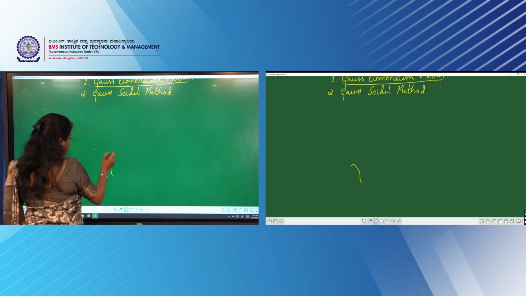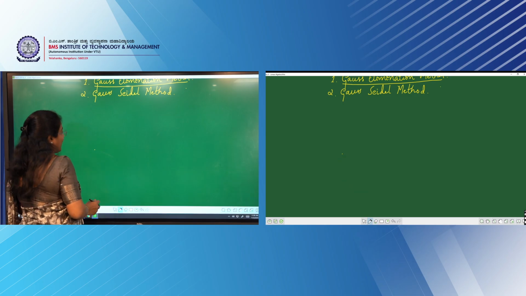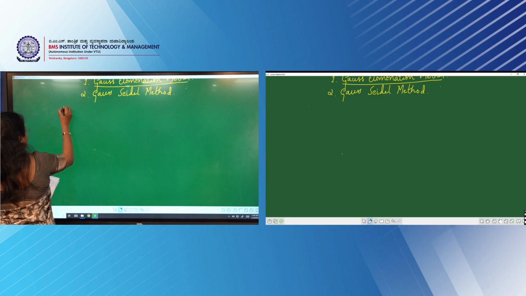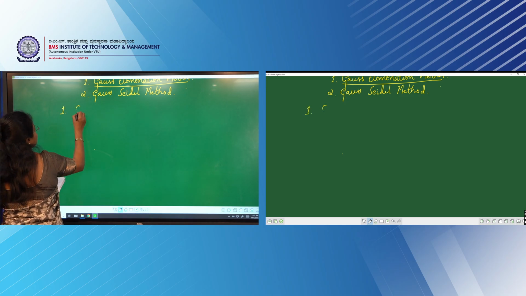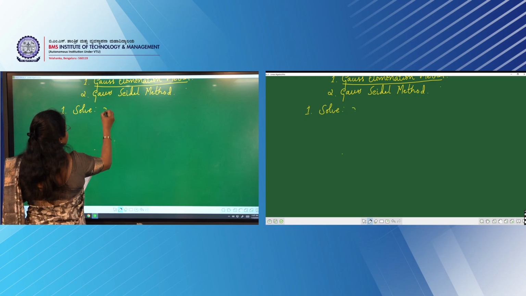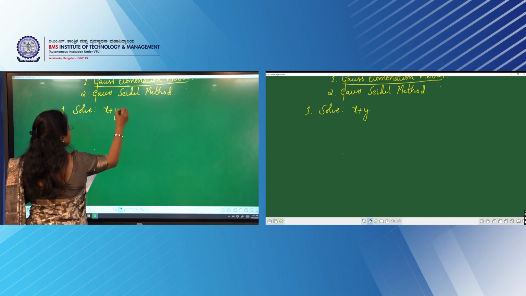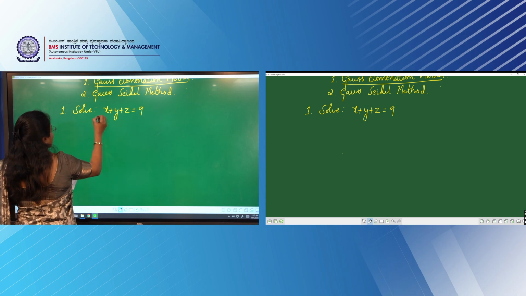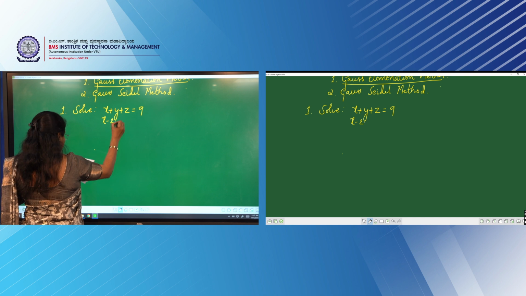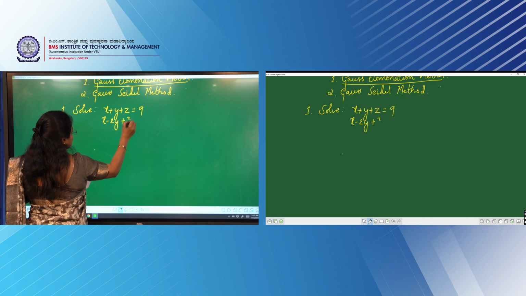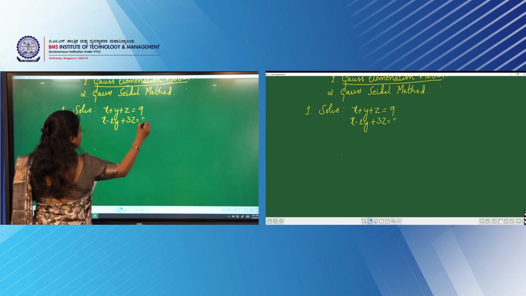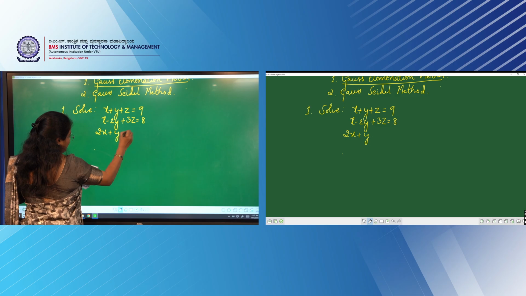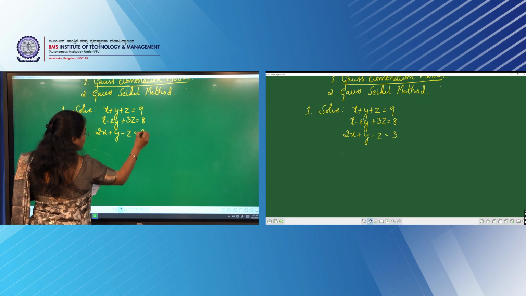So Gauss elimination method. So let me have an example now. Solve the following system of equations. So first one, solve x plus y plus z is equal to 9, x minus 2y plus 3z is equal to 8, 2x plus y minus z is equal to 3.